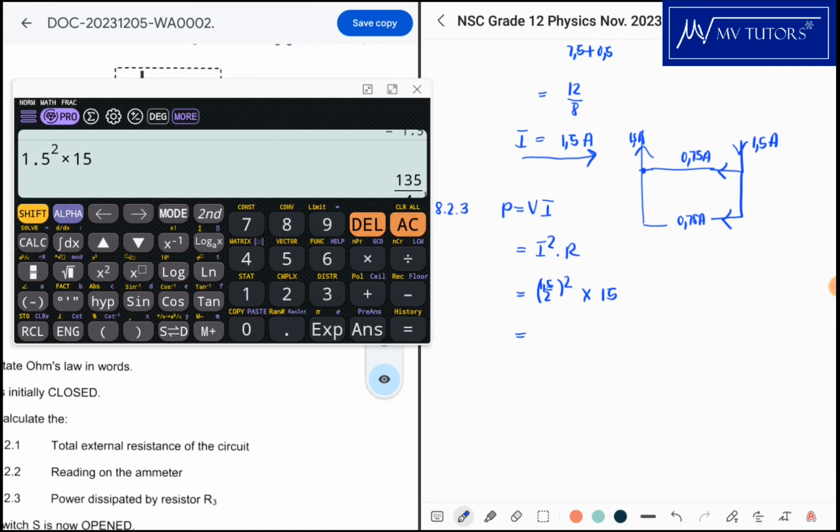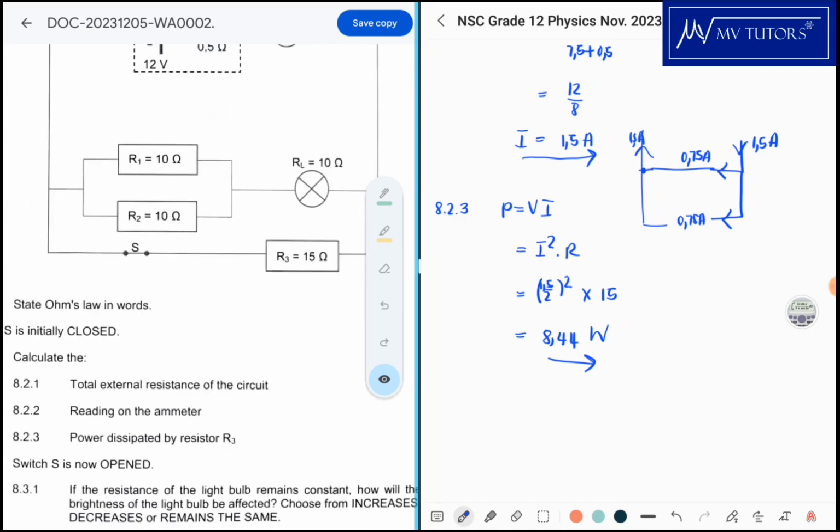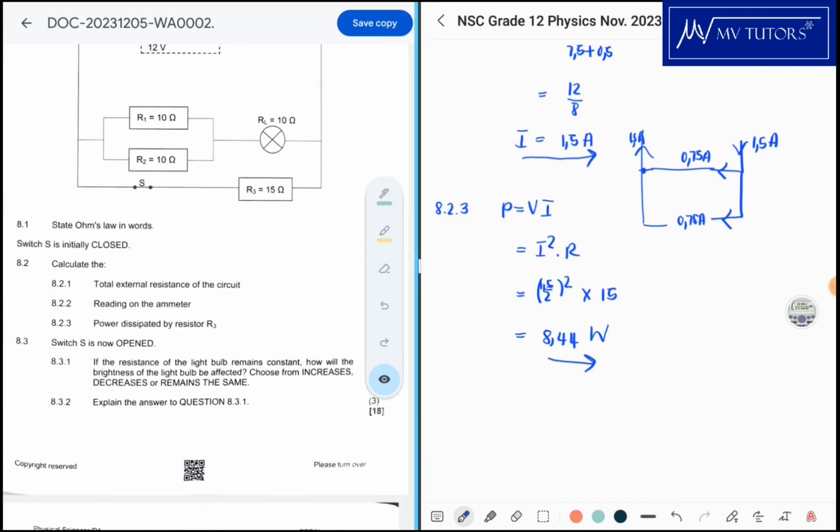And so let's go back and say this 1.5 divided by 2 should be squared. And then multiply that by 15. 8.44 watts, because this is power. Okay, something to always remember. I had forgotten there for a bit. So we're done with 8.2.